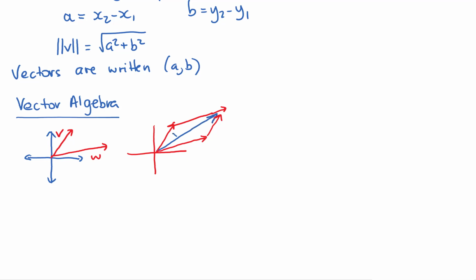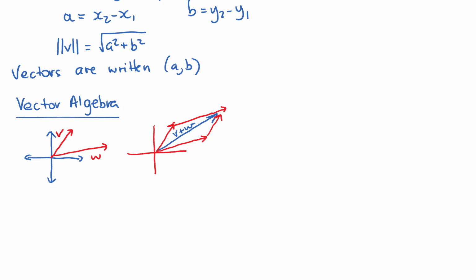So when you combine these together, you end up with this vector V plus W, which is basically the diagonal of this parallelogram that gets built. And this works if you have 3 or 4 or 5 vectors together. You can add them in any order, and you just get a resulting vector, say V plus W. And it works with subtraction, V minus W, as well.